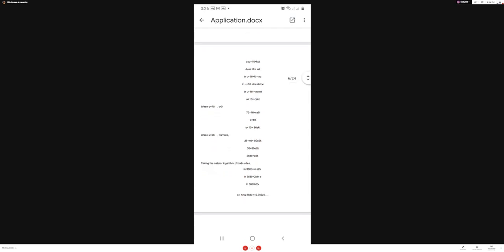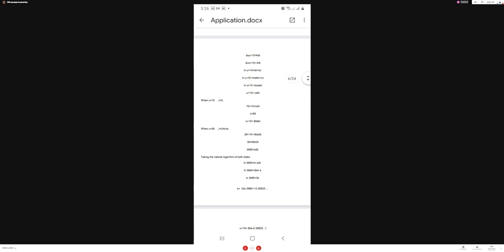So, at initial, time is equals to 0. Yung ating U is 70. So, 70 plus 10 is equals to C e raised to KT, wherein T is equal to 0. So, therefore, you have e raised to 0 or simply equivalent to 1. So, C is equals to 70 plus 10 or 80.